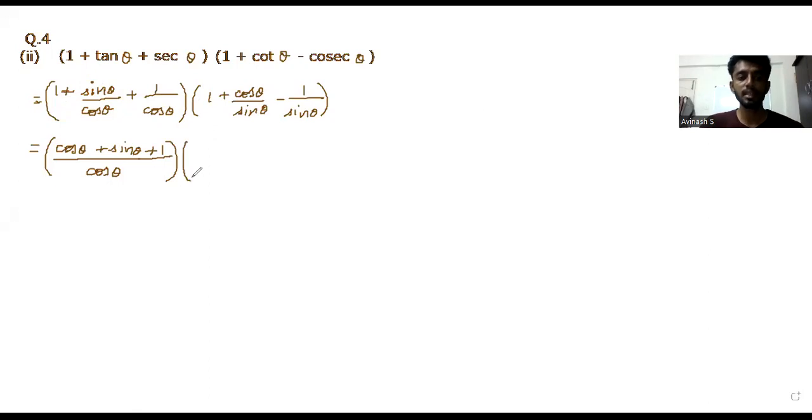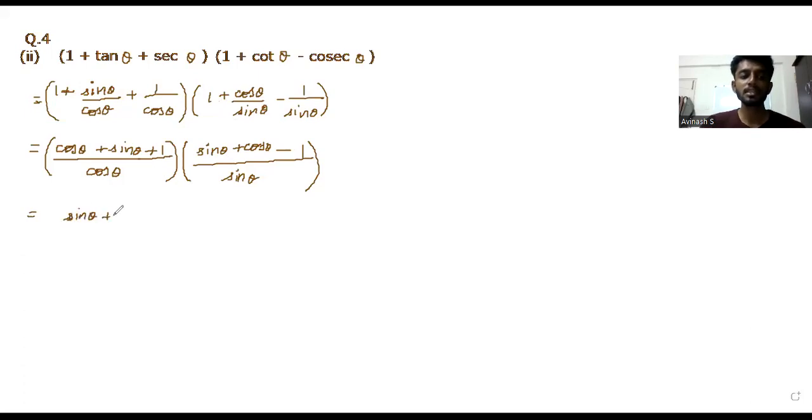Likewise, if we take the LCM for the other term also, we get sin theta plus cos theta minus 1 divided by sin theta. Here also we are taking the LCM for all the three terms, whereas only the first term needs to be multiplied by sin theta in order to take the LCM. Now, again, it's becoming complex, but I'm trying to find a pattern.